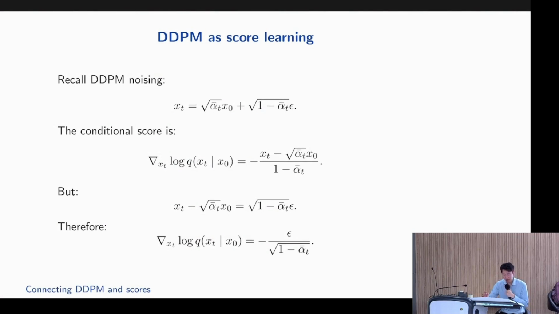Let's recall the one-step noising. You start from a clean image, apply mean shrinkage, and add Gaussian noise. That's the t-step noised image. And what's the conditional score here? This is just a Gaussian random variable, so we can compute the conditional score with respect to the current x_t.